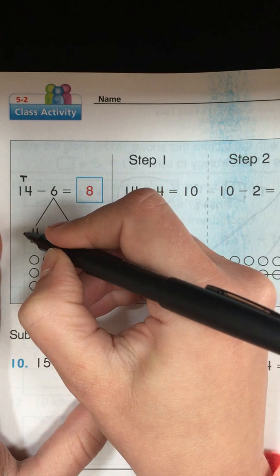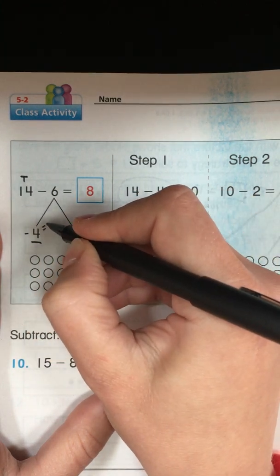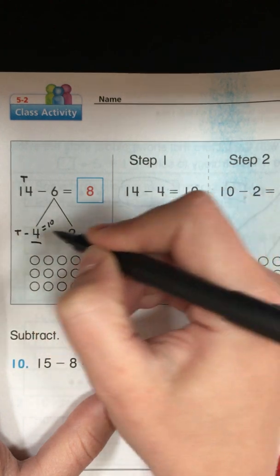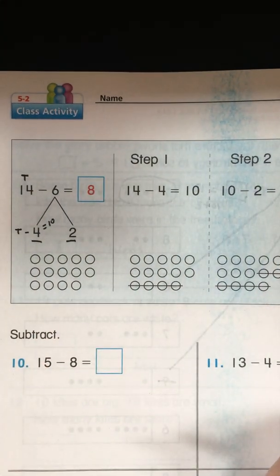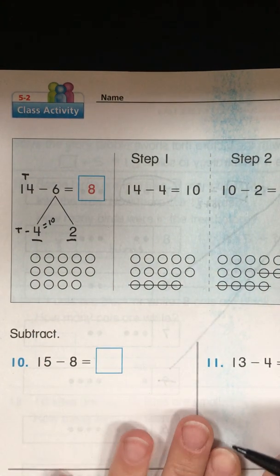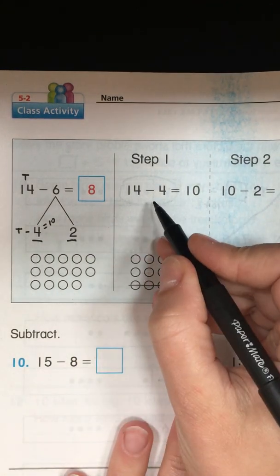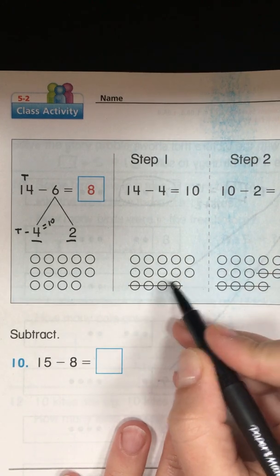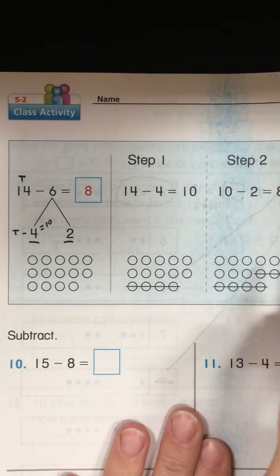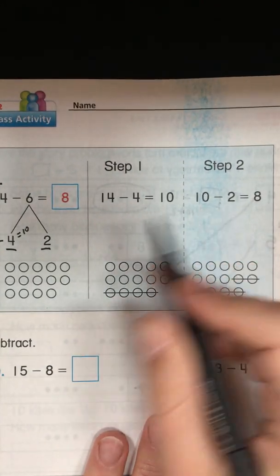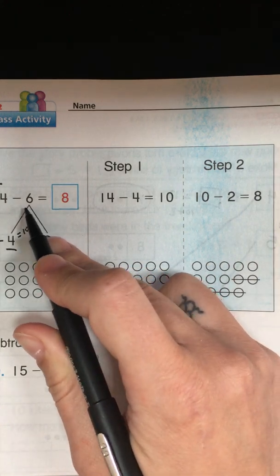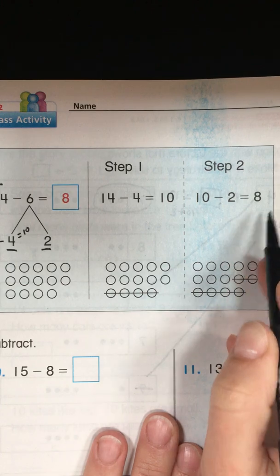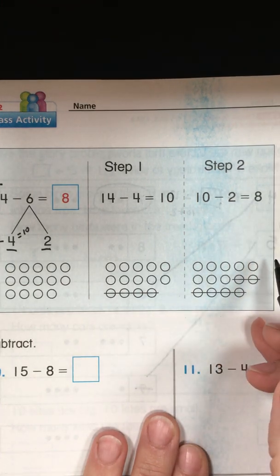So the total minus this first number equals 10. So the first step is to subtract that first partner to get 10. And they did a drawing of that. And then step 2 is to subtract the second partner that equals the number we're actually subtracting. And they did that to get the answer.